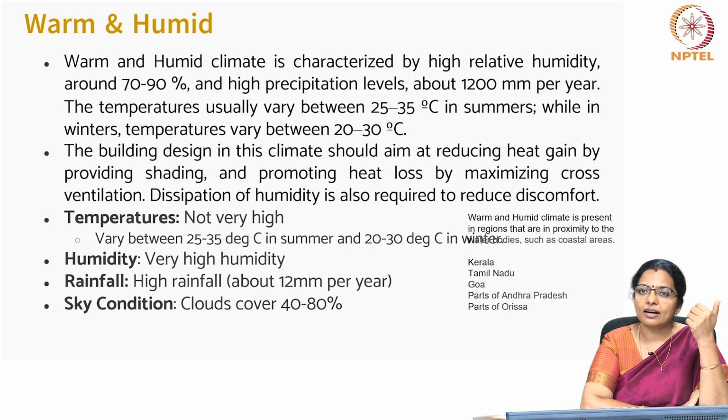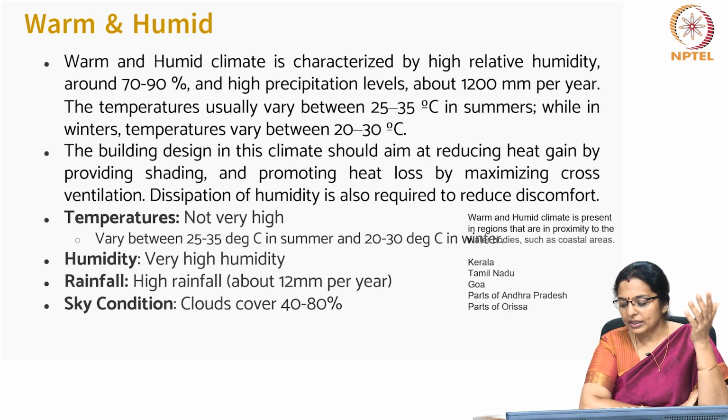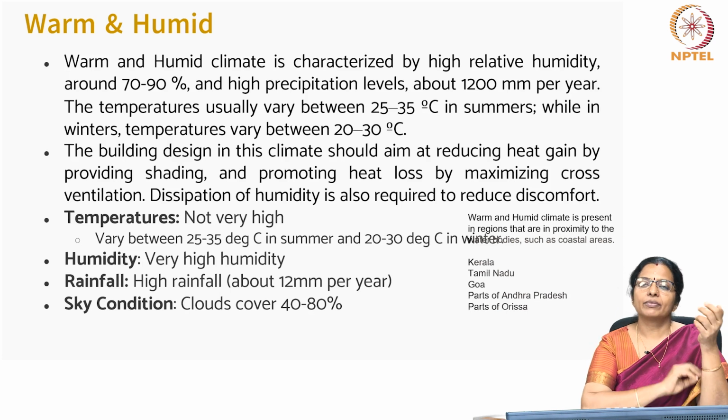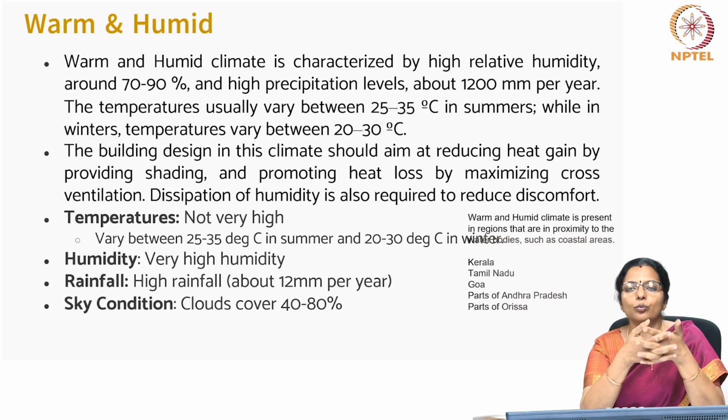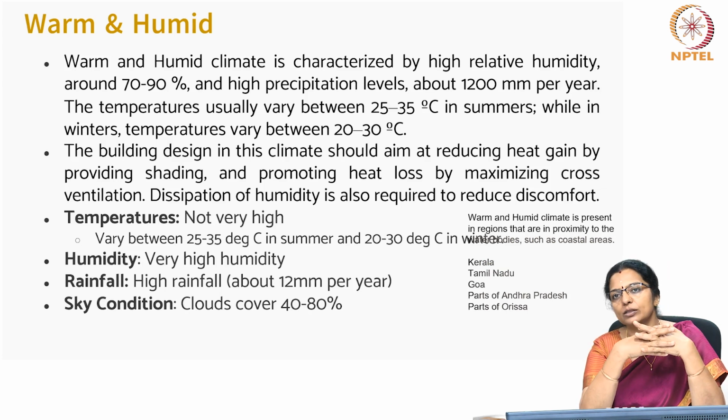Areas like Kerala, Tamil Nadu, Goa, parts of Andhra Pradesh, parts of Orissa, all these fall under warm and humid. Even amongst this, there is a debate that some of these areas can be called as hot and humid and some of these can be called as warm and humid.